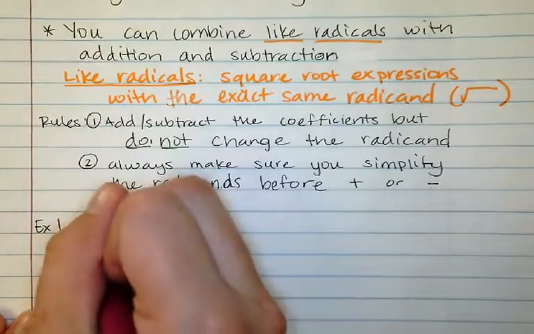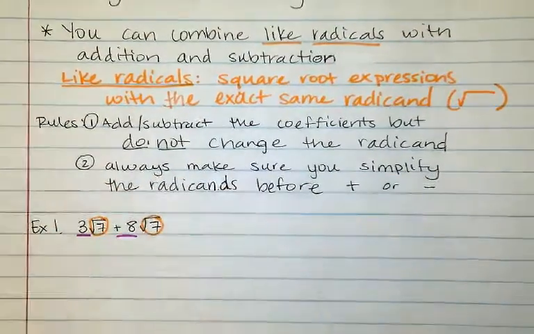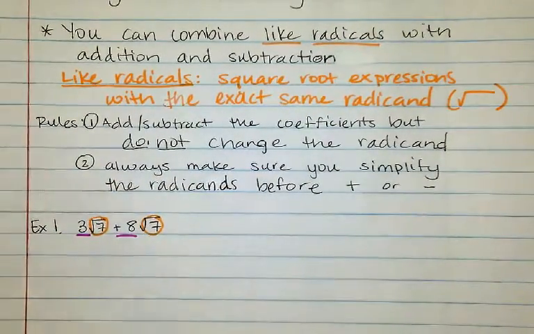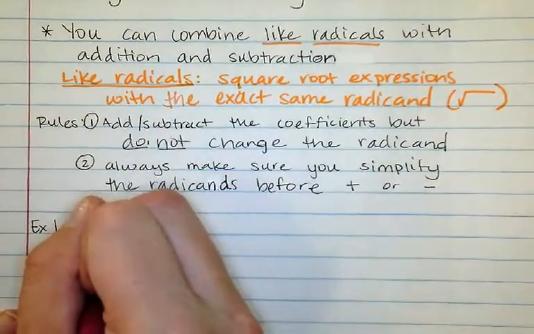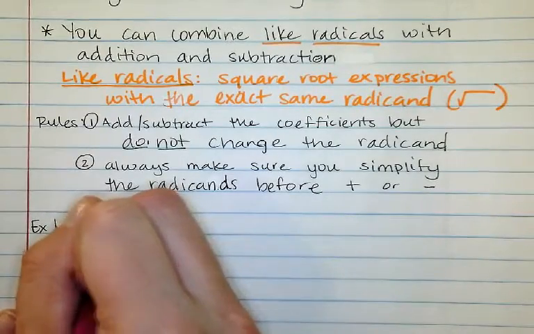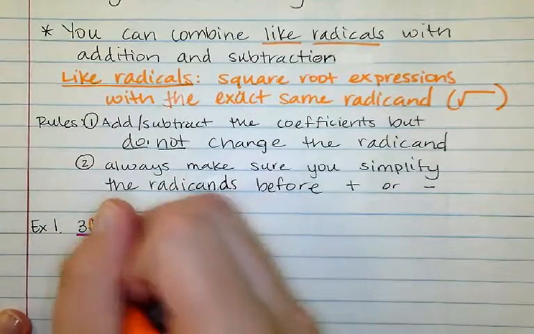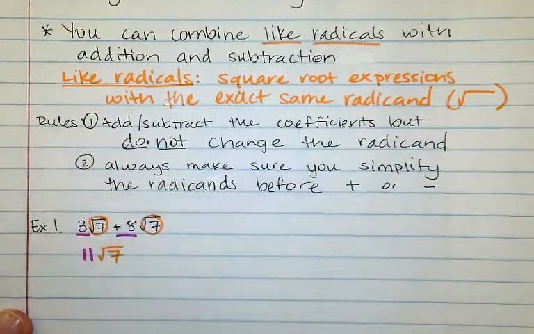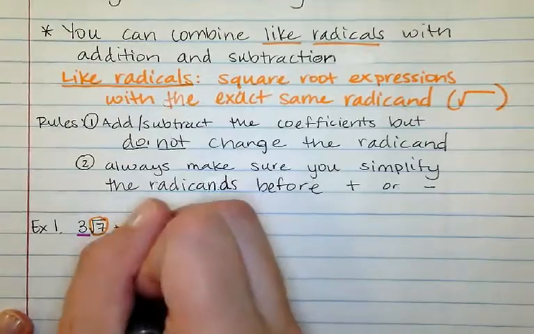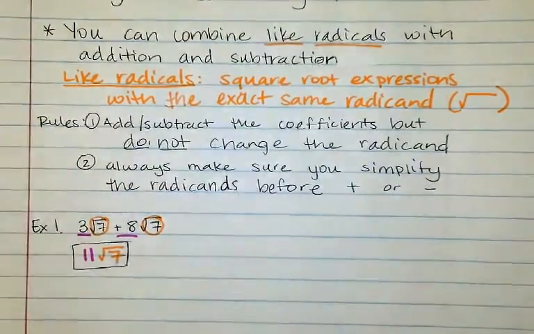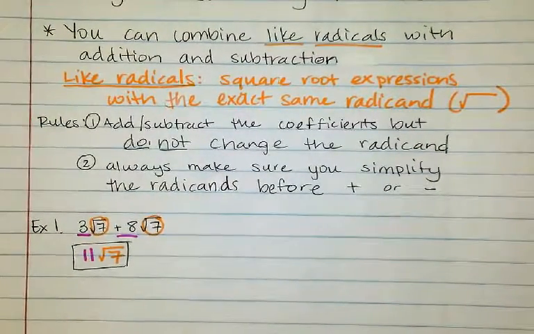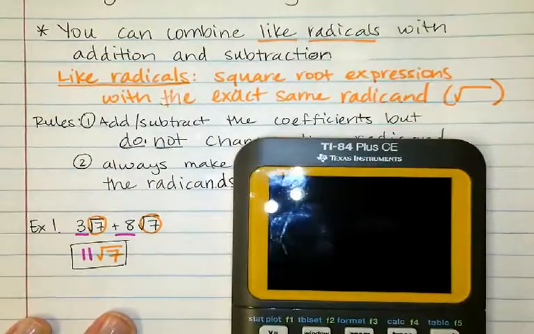So 3 plus 8, what's 3 plus 8, y'all? That's just going to be 11 times the square root of 7. Do y'all feel good about that? And that is our answer. 11 times the square root of 7. That is our simplified radical right there. And guys, you can even check yourself on your handy dandy calculator.